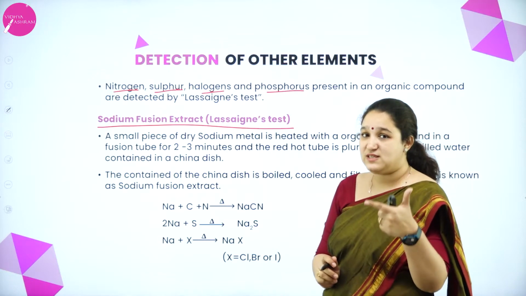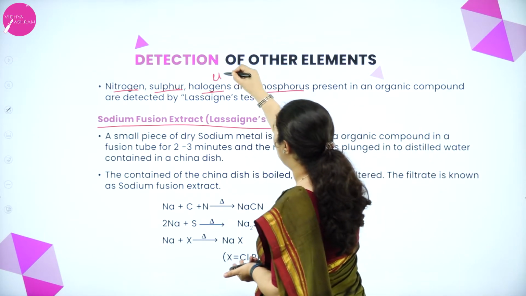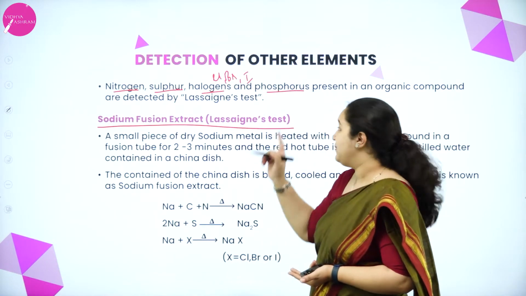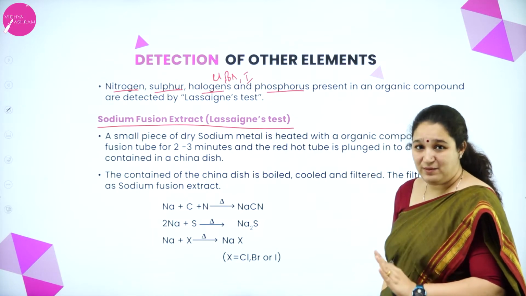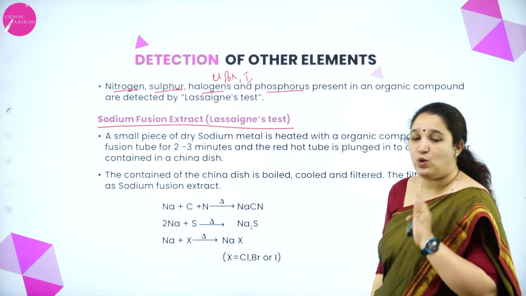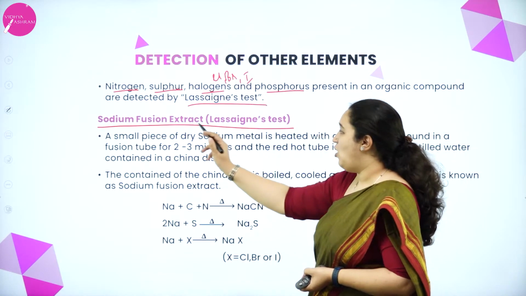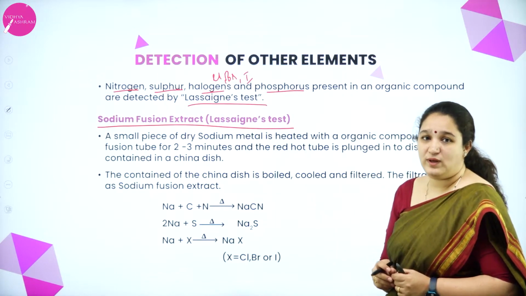Halogens means it can be chlorine, bromine or iodine. All of these elements, if present, we can detect using Lassaigne's test or sodium fusion extract test.